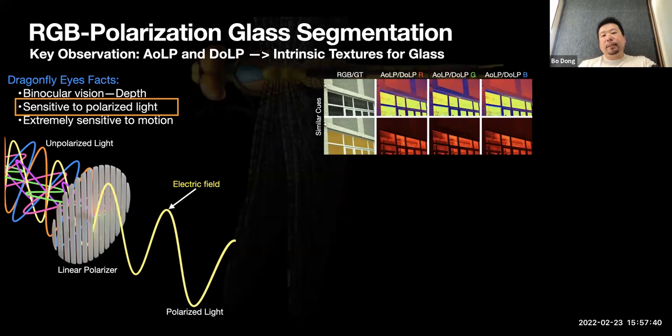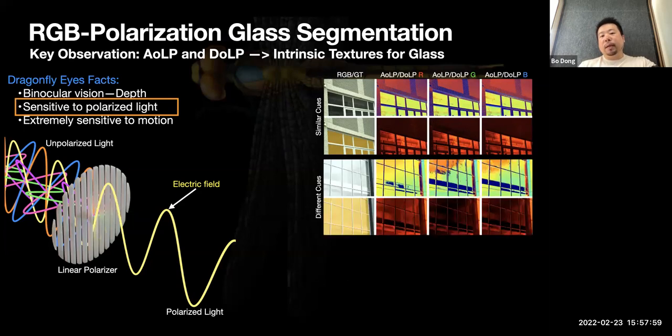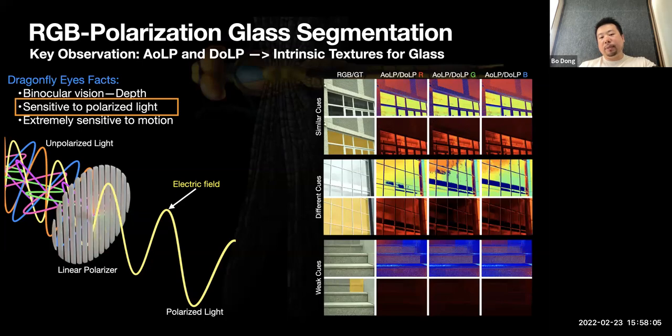Also, polarization is wavelength dependent, and angular dependent, right? So under some certain angles, we can see in this case the three color channels provide similar polarization cues. In some angles, they provide different polarization cues. And in some angles, we hardly see the polarization cues.